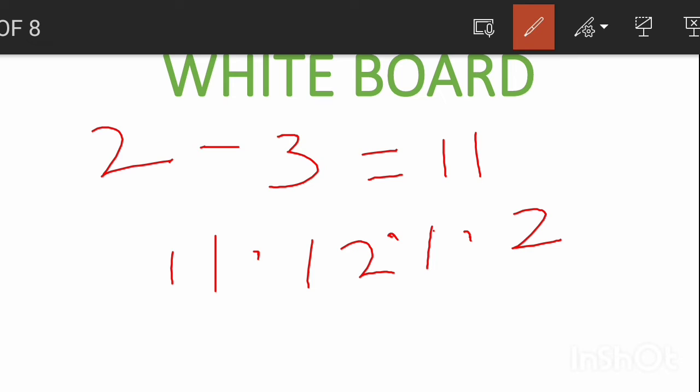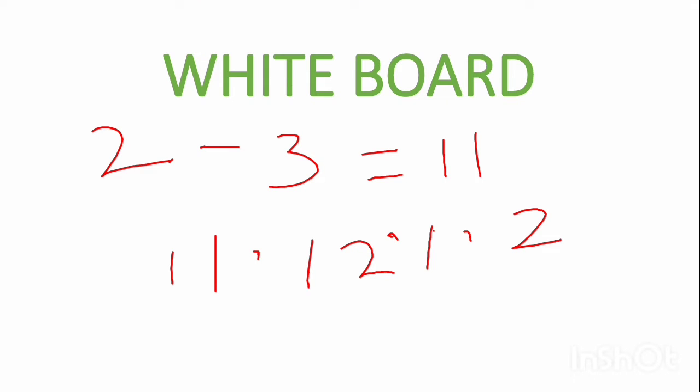So that is the method you're going to use to answer any question involving a clock that may be given to you anytime, any day. From this point, we are moving on to the second example.